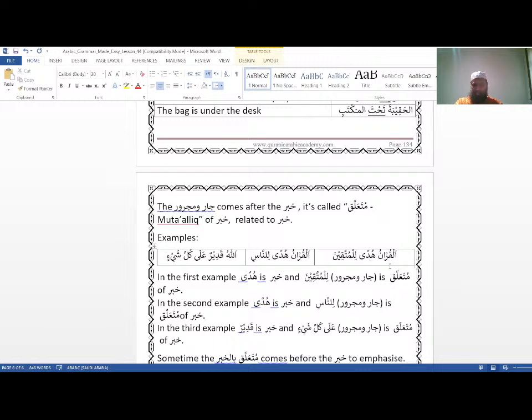The Quran is a guide for muttaqin, God-fearing people. Al-Quran hudan, same example, lin-nasi. In the second example, hudan is the khabar, and lin-nasi jar majroor is the muta'alliq of khabar.